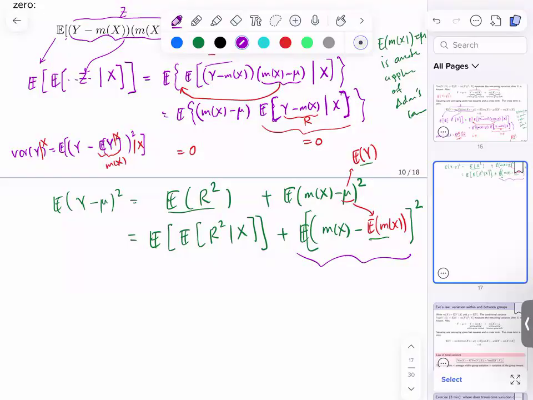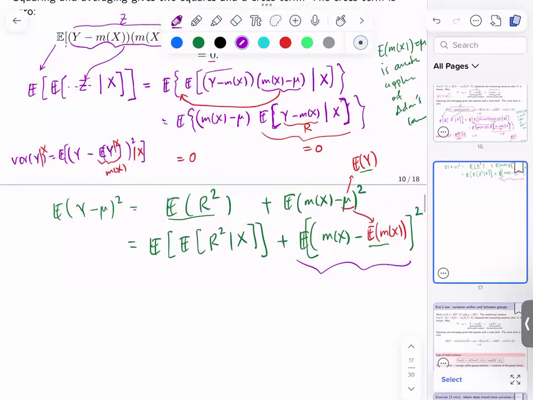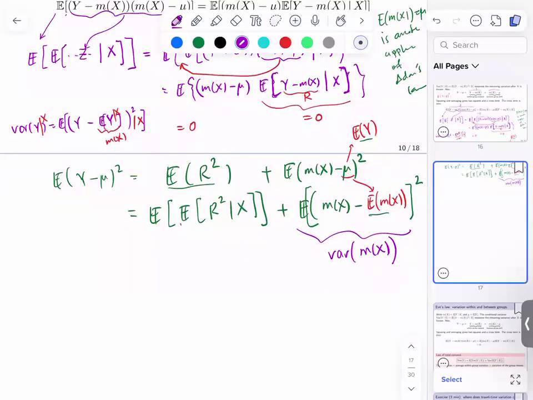Yes, this is going to be the variance of m of x. M of x is a random variable. We're looking at m of x minus its expectation, squared, and taking another expectation. This is really the variance of that conditional mean.